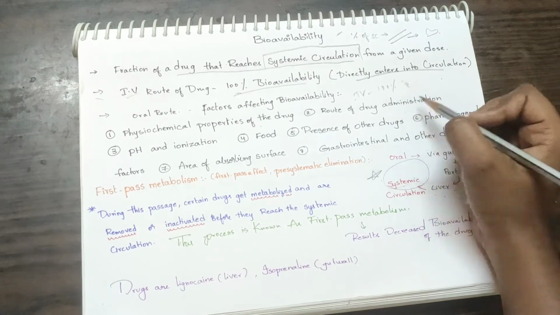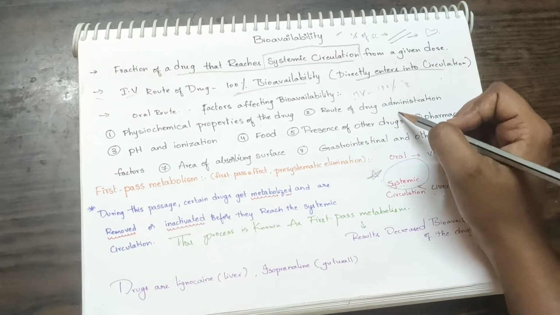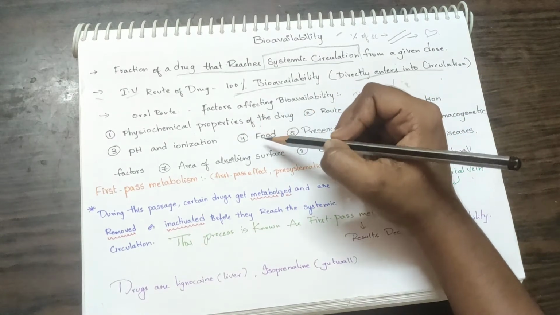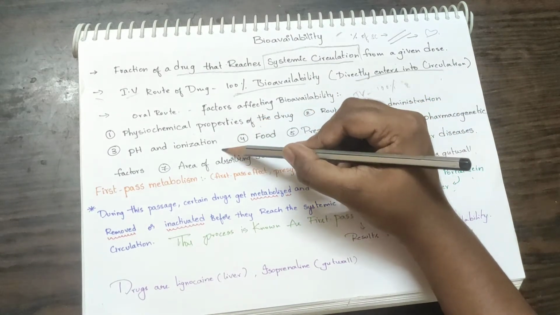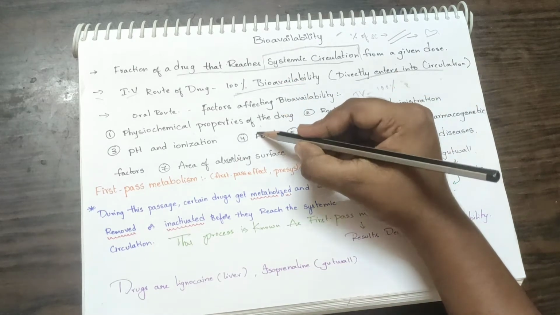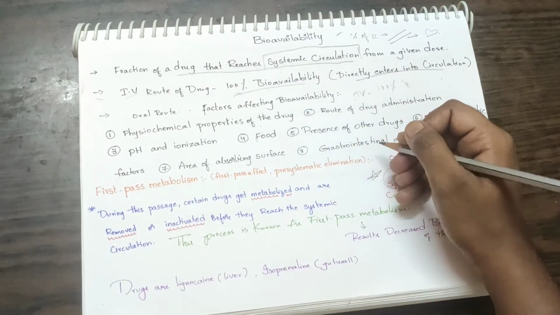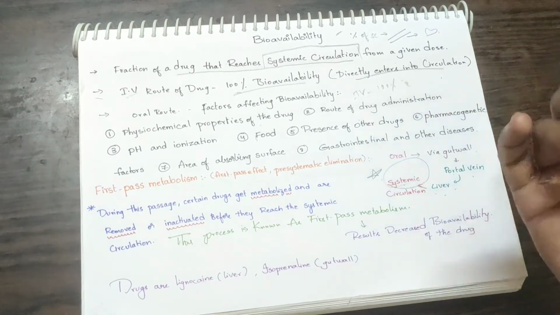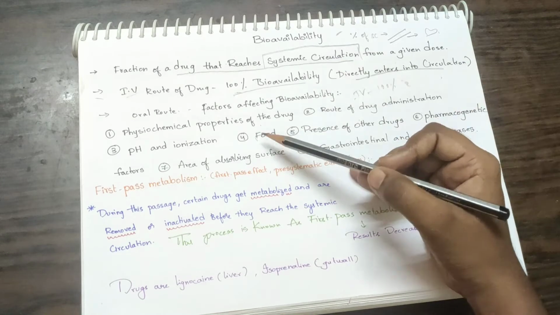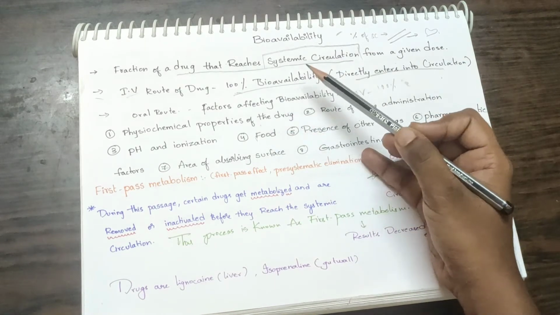The pH and ionization of the drug are also very important. And food also interferes with the drug. Some drugs are taken before food, some with food, and some after food, after 2 to 3 hours. So food also affects the bioavailability of the drug.